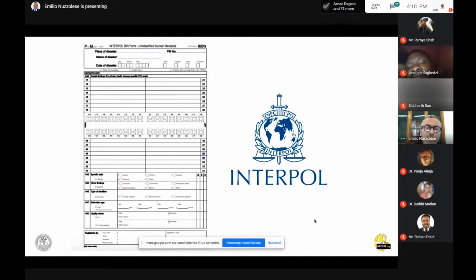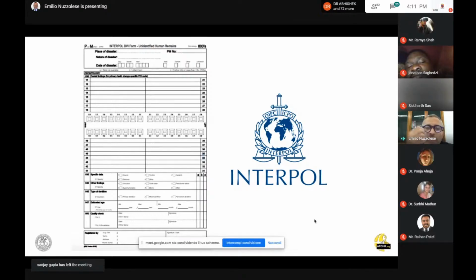I live in Italy, as you know, and Italy is one of those countries where we have a lot of tourists during the year, and of the reported missing persons to police in Italy, more than 50% are from foreign countries. This means that we have the chance to collect human remains in Italy which do not belong to Italian citizens.